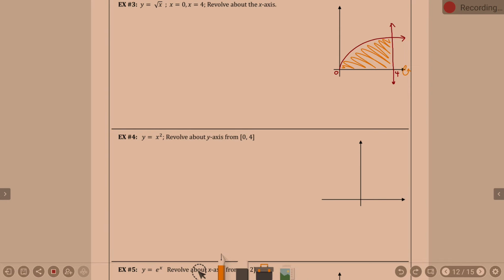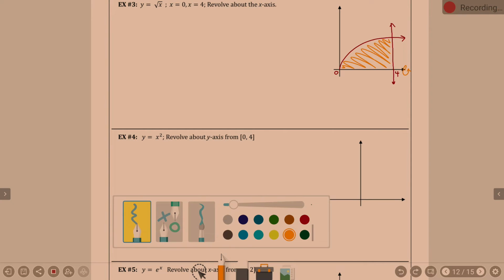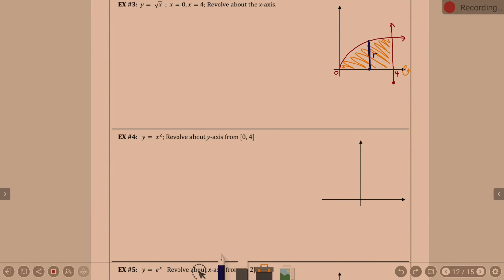Can we set this up? I guess I should mention we're rotating about the x-axis, so where's our piece? That thin little strip is a vertical piece, isn't it? And that represents my radius. It's also a distance of y. Okay, volume equals what? What's my setup?